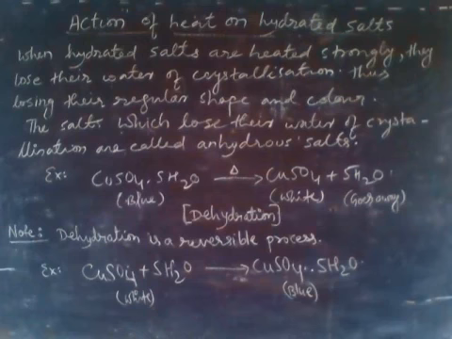That means that the water lost has been again absorbed by the salt. So this process is known as rehydration. To dehydrate is to remove water, but again adding water is termed rehydrate.